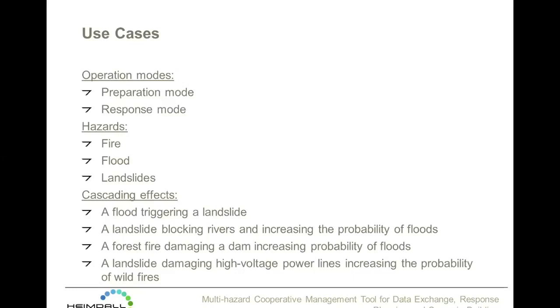We further consider cascading effects, like a flood triggering a landslide blocking rivers, and with this increasing the probability of a flood, a forest fire damaging a dam, which also increases the probability of floods, and a landslide damaging high voltage power lines, which increases the probability of forest fire afterwards.